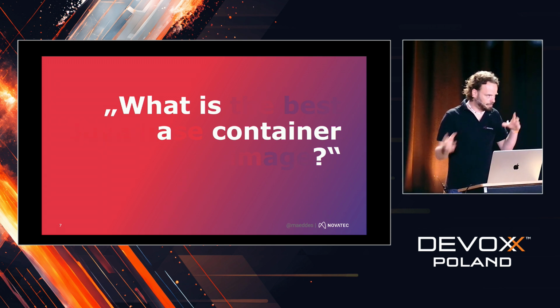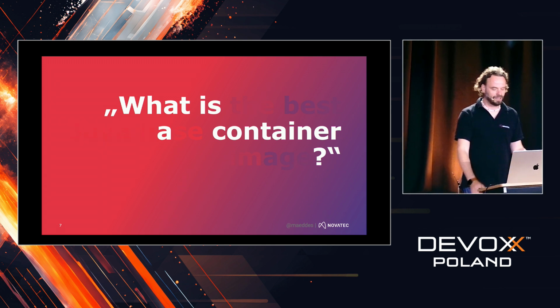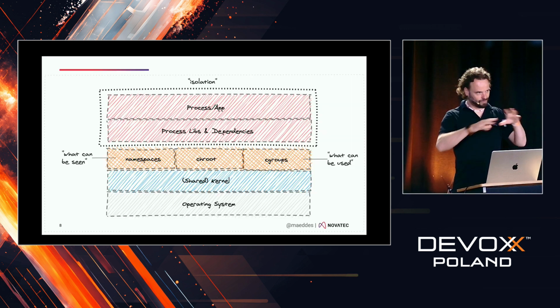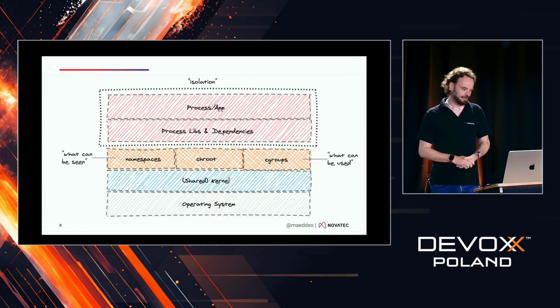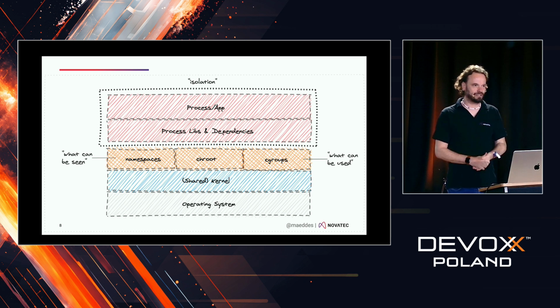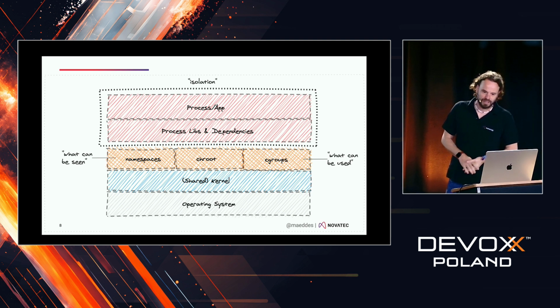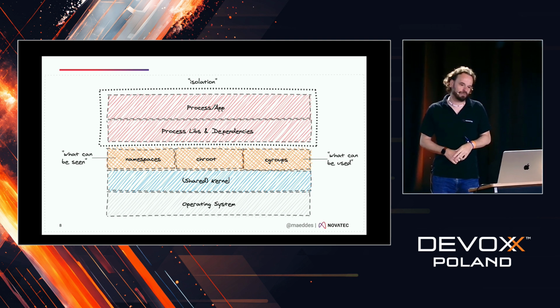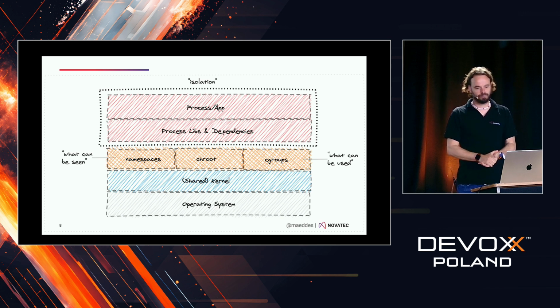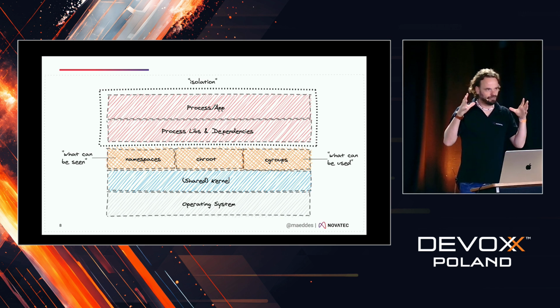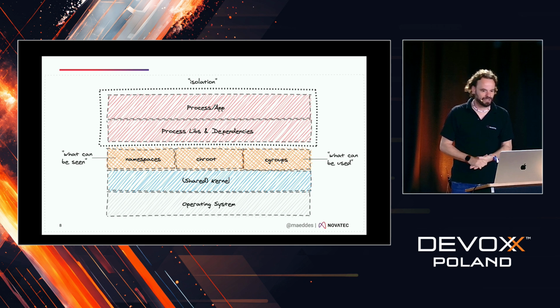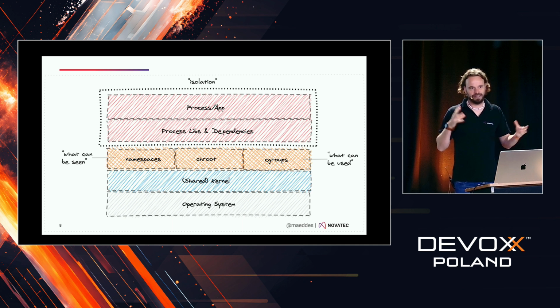Okay, so to start very simple, it's early in the morning. Let's go back to what a container actually is, because understanding the fundamentals of a container will also help us to understand how I can make the image process better. So in the end, a container is an isolated process or application that brings in all necessary libraries and dependencies. Under the hood, a container is isolated within an operating system using things like namespaces, chroot, and cgroups.